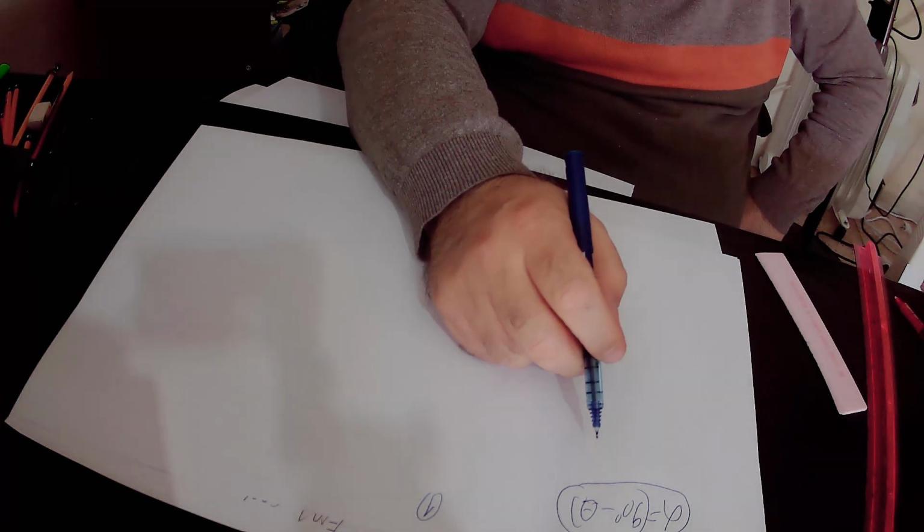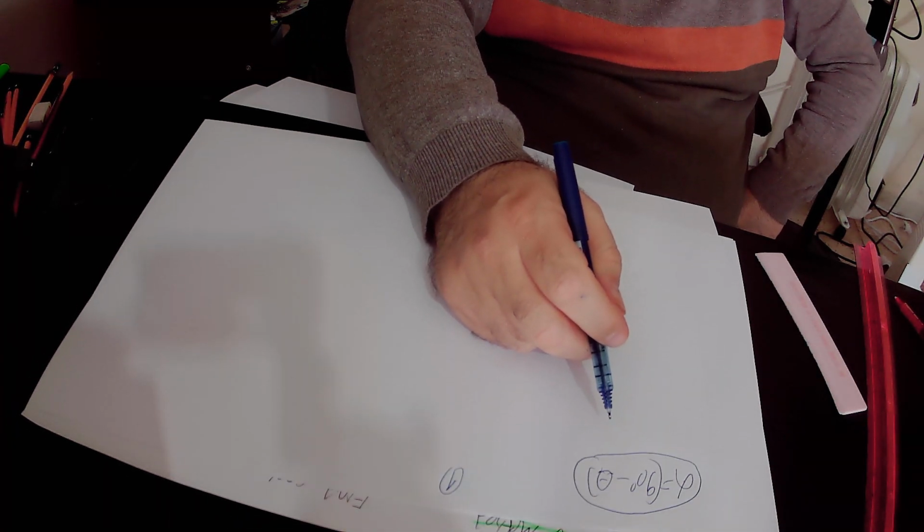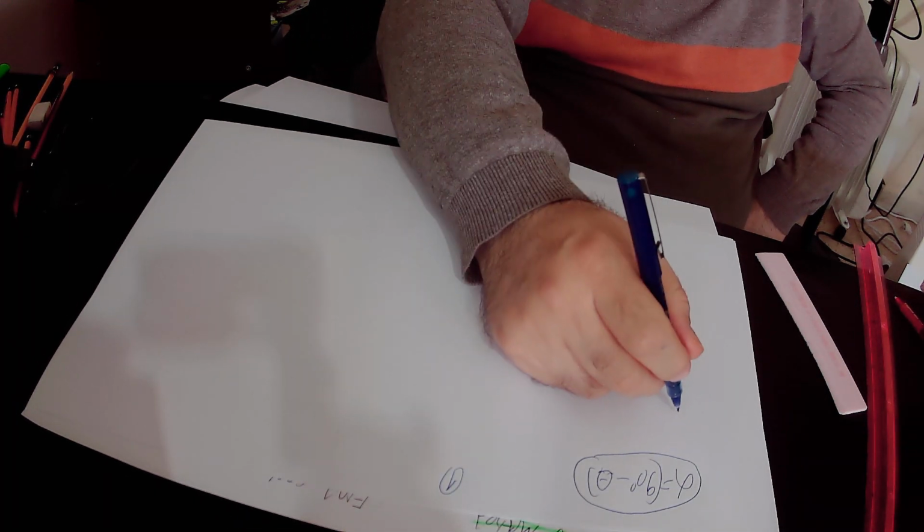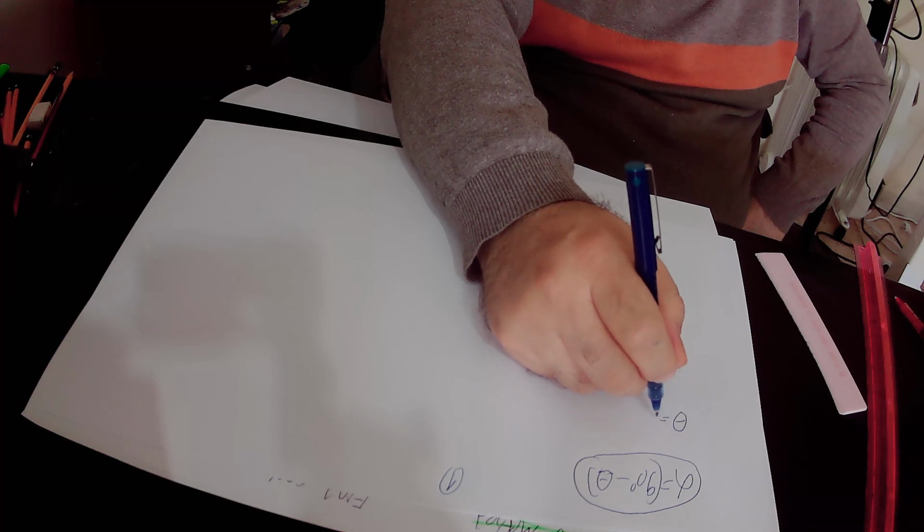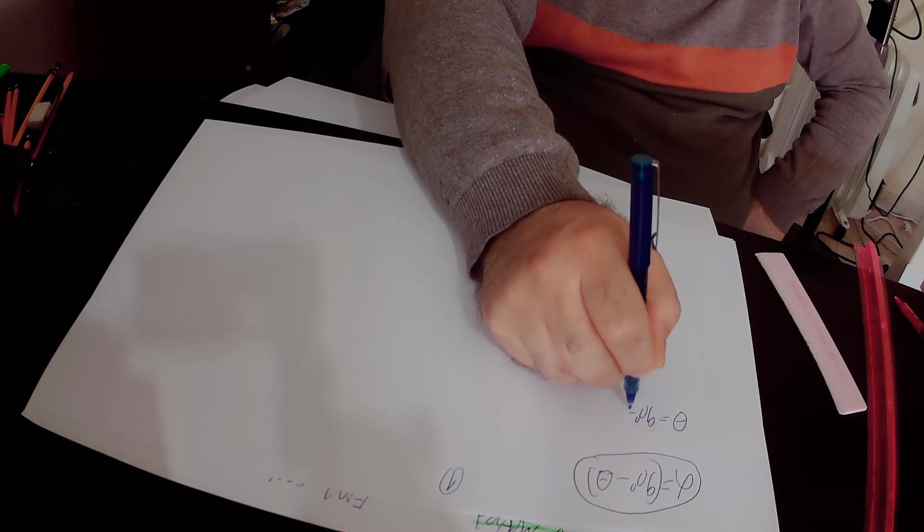Here we will add theta to this equation and subtract alpha, and we'll get that theta equals 90 degrees minus alpha.